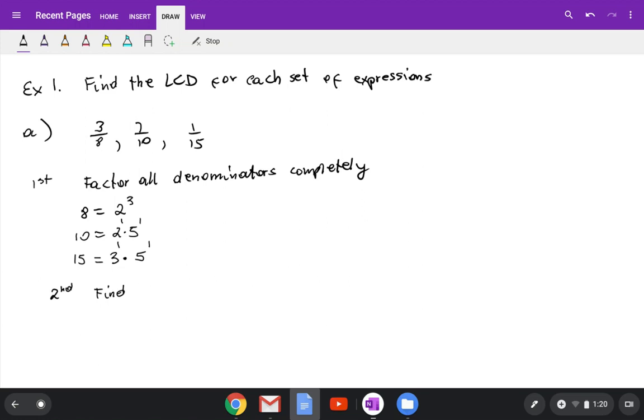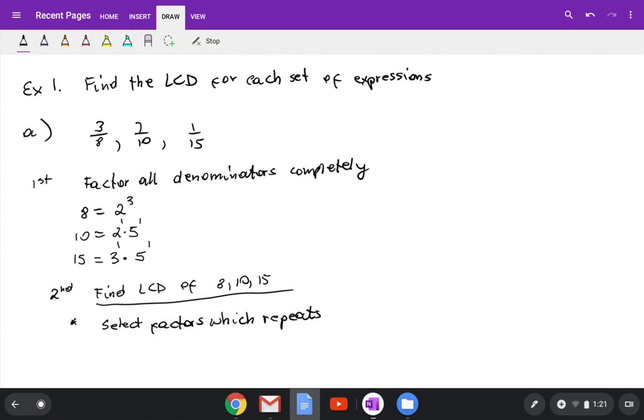So, second, what will be the least common denominator? Okay, so how do you find the least common denominator? Select factors which repeat and pick the one with the highest exponent.